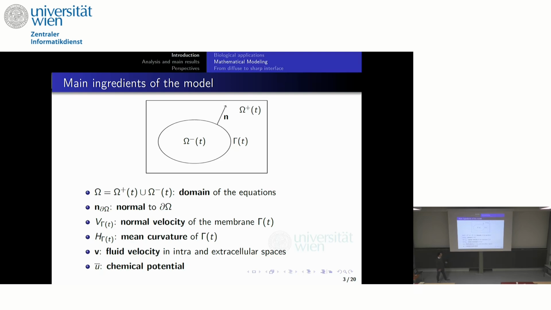And the new part, also introduced by Sebastian, is what I call U bar, the chemical potential. In the model it is harmonic inside omega minus and omega plus, an extension of its value at the interface, extended harmonically inside omega minus and omega plus.